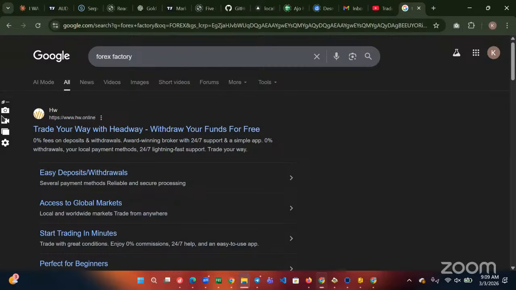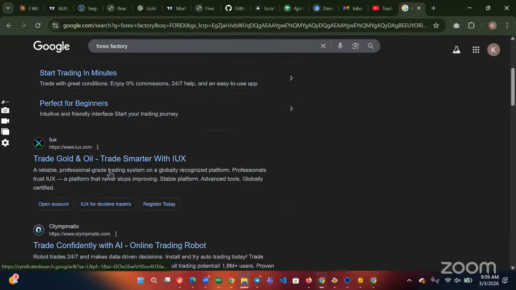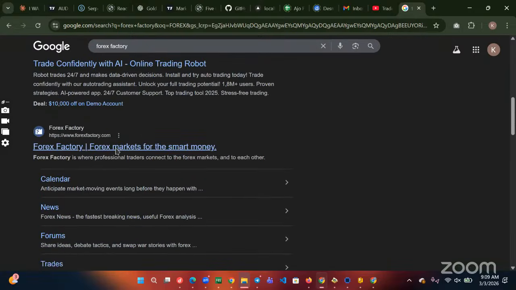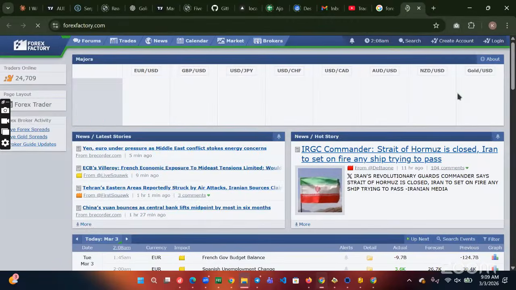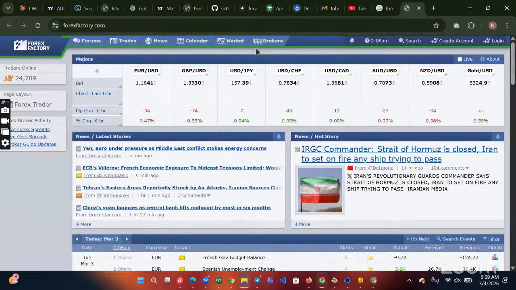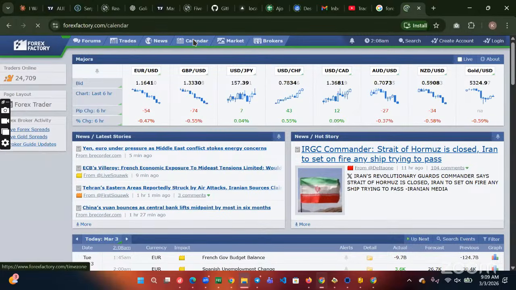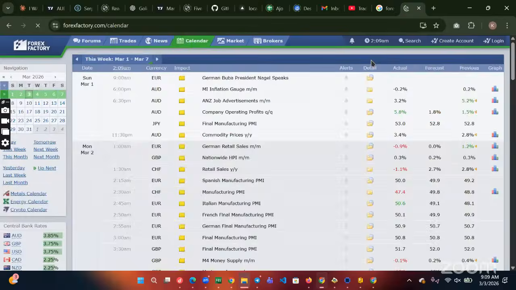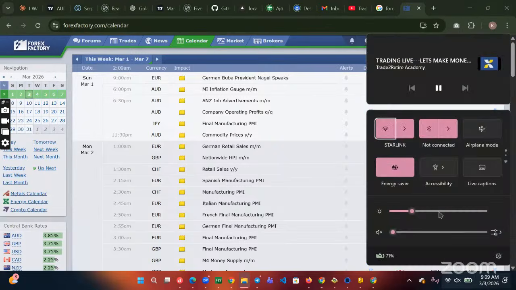All right, Forex Factory. So I am going to the calendar. Click on calendar and then make sure your time matches the time you have on your laptop or your phone or whatever device you're using.